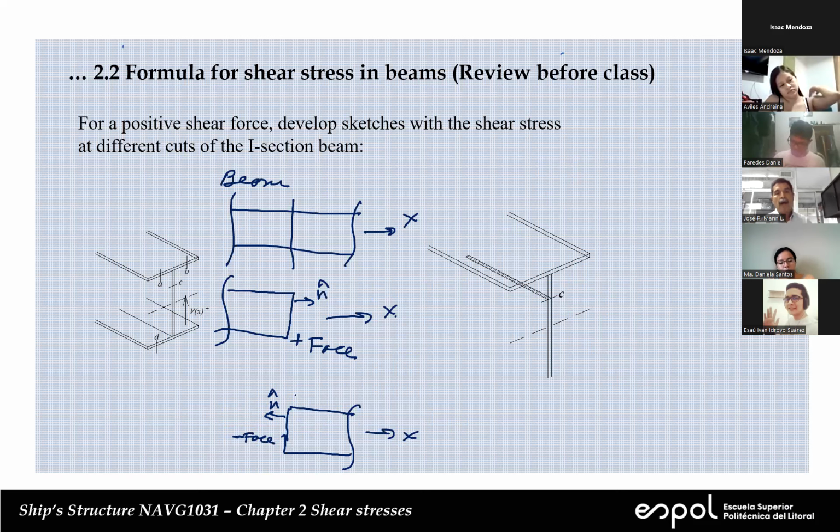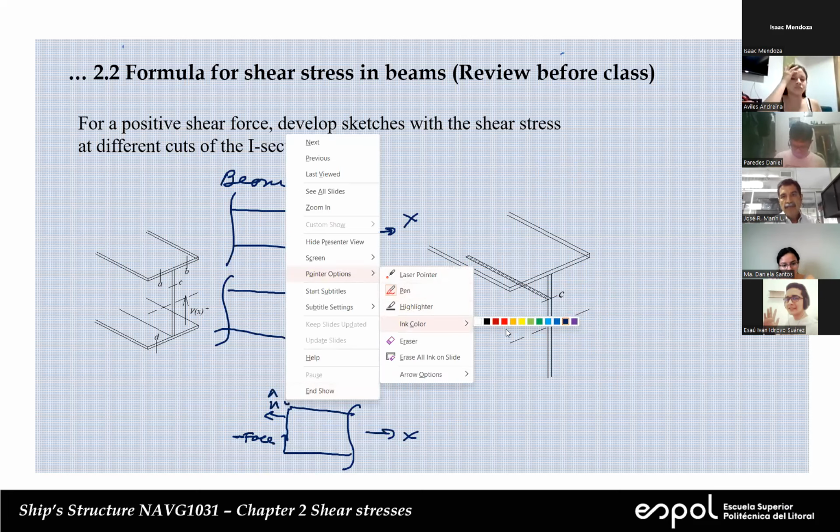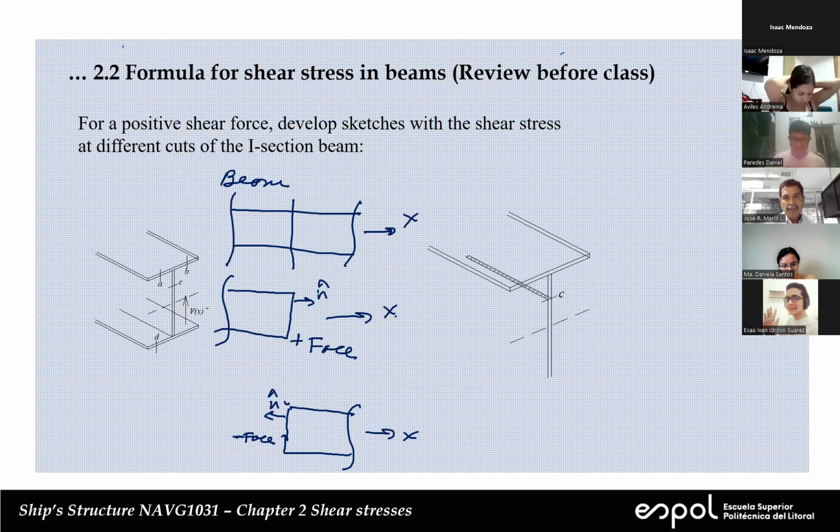Now, we agree, this was the convention that we employed. And we said, in the positive phase, this is a positive shear force. In the negative phase, this is a positive shear force, okay?